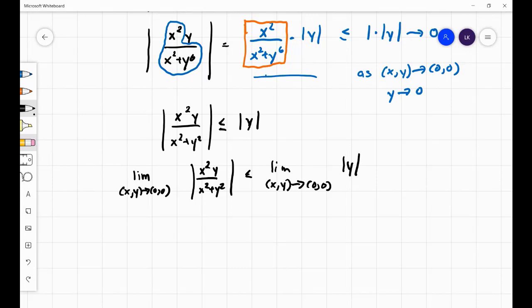And we see that the limit on the right-hand side is obvious. As we approach the origin, y has to go to 0, so the right-hand side becomes 0. And you've essentially used the squeeze theorem to prove this limit is 0.